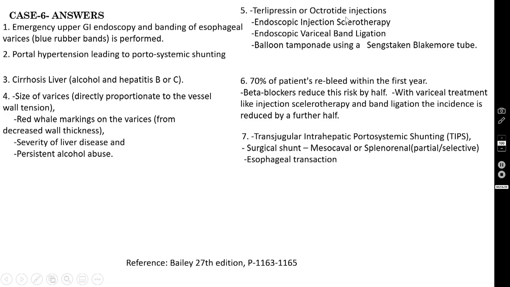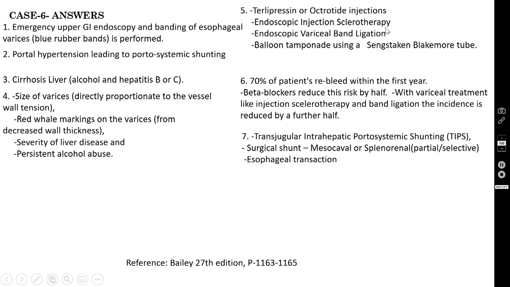Pharmacological treatment and endoscopic treatment. The pharmacological treatment is terlipressin and octreotide injection. The moment you know it is esophageal varices, you can start either octreotide or terlipressin. If this cannot control the bleeding, then you can resort to either endoscopic banding or endoscopic injection sclerotherapy.